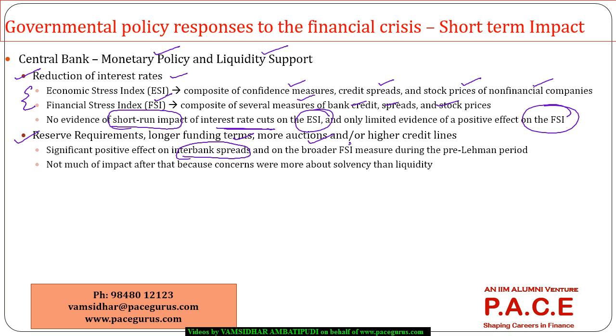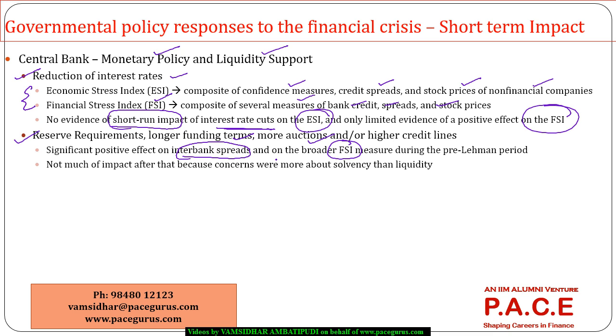Because of which the FSI, again something to do with the banking system, the various measures of the banking system got positive during the pre-Lehman period. So things were much better off. The interbank spread has a positive feel during the period before the collapse of Lehman Brothers.